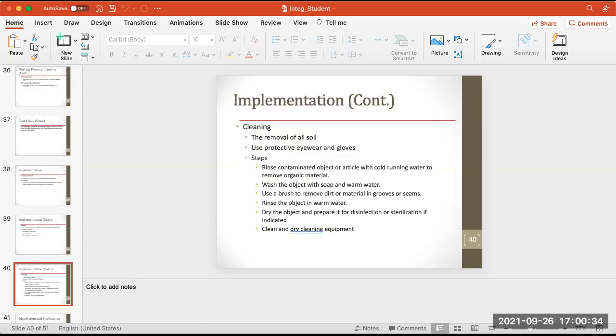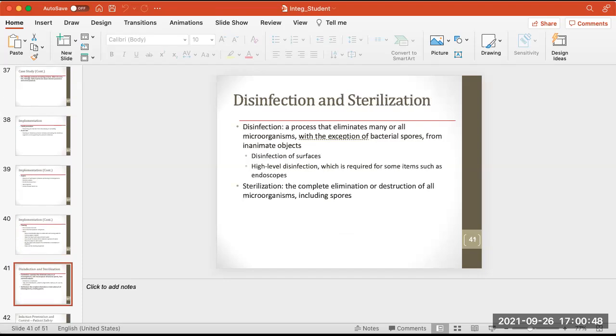The difference between cleaning, asepsis, and disinfection is literally a revision for you from your microbiology: how to wash hands, how to make sure that a surface that is supposed to be disinfected is disinfected. Sterilization is different.